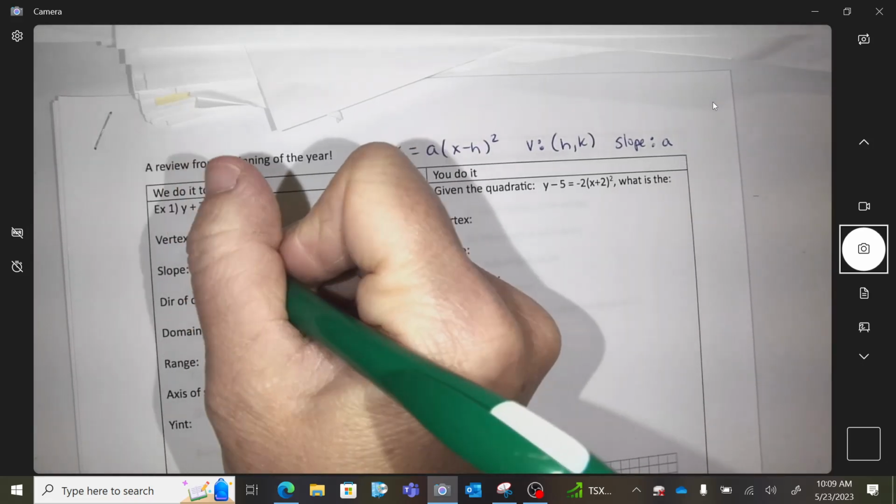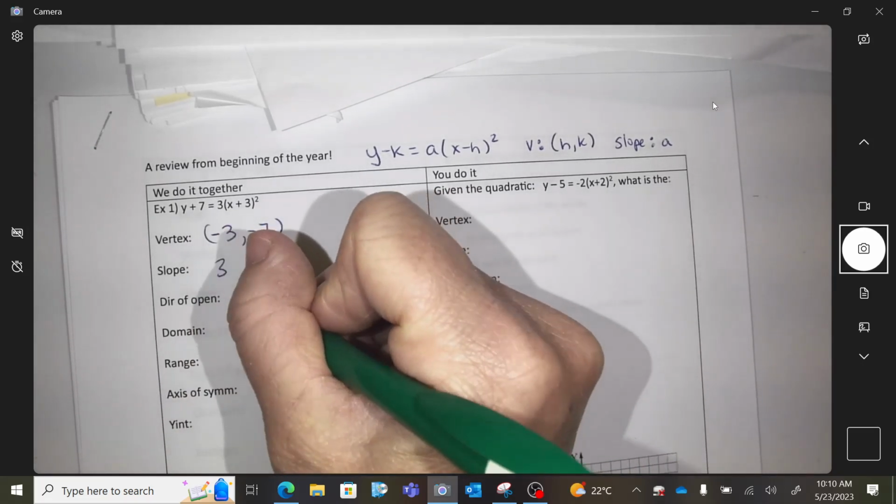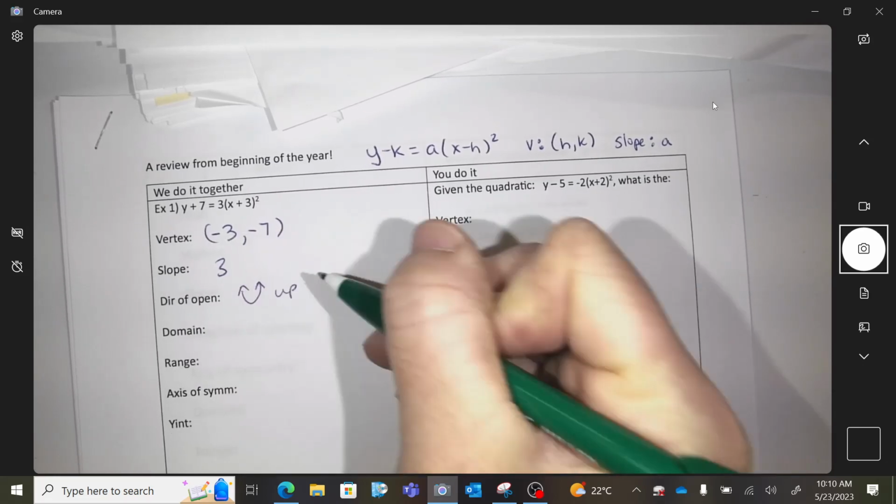And the slope is 3. So what does that tell me about the direction that this will open? If your slope is a +3, then it will open up.